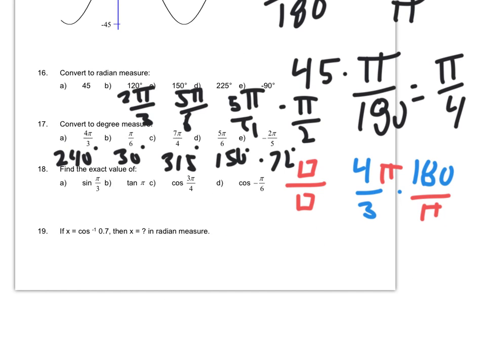For 16 and 17, it didn't matter whether your calculator was in degree mode or in radian mode, but it absolutely does in 18. It says find the exact value of sine of pi over 3. So we can do that the old-fashioned way. That is this triangle where this is 1, square root of 3, 2. Sine is opposite over hypotenuse.